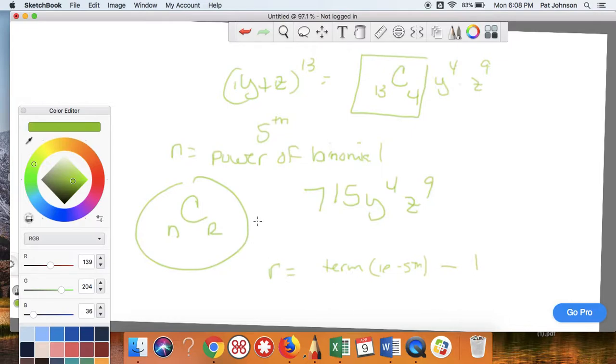And then you multiply it by a to the r times b to the n minus r. And they call it k. But this is basically your formula right here. And that's all you need to know.